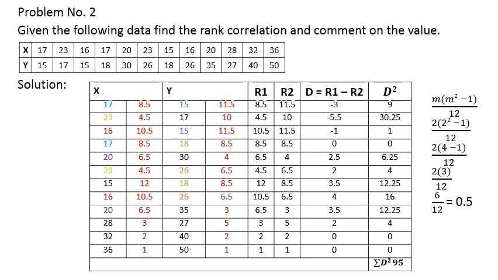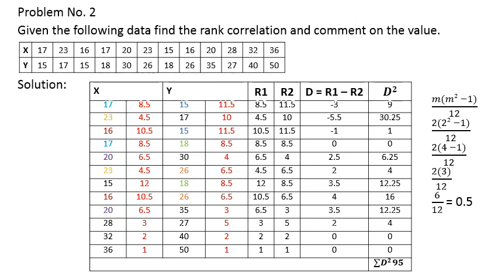Next highest is 20. That is also repeated twice. So it becomes 6.5. If it is not repeating it would be 6, but now value 20 is repeated again, so it is 6.5. Next highest is 17. That is also repeating, so 8.5.